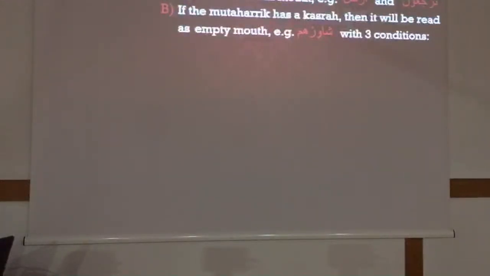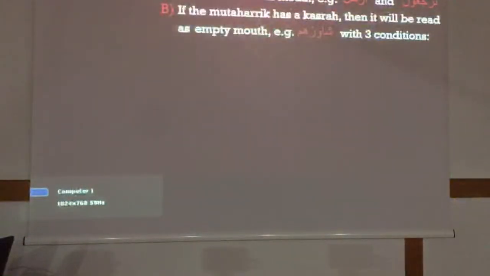This is only for the case for B, not for A. Okay, A is very simple. Ra sakin, fatha or dhamma before it, always going to be full. Ra sakin, kasra before it, generally will be empty, as long as the 3 conditions are met.